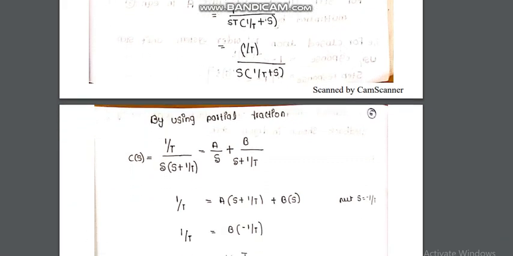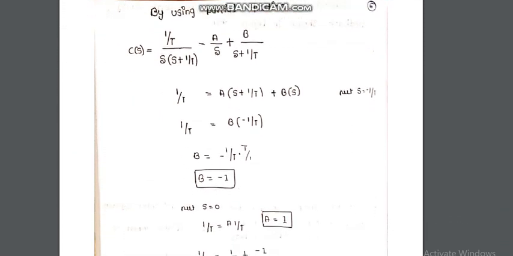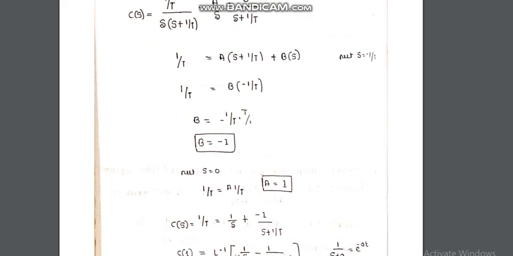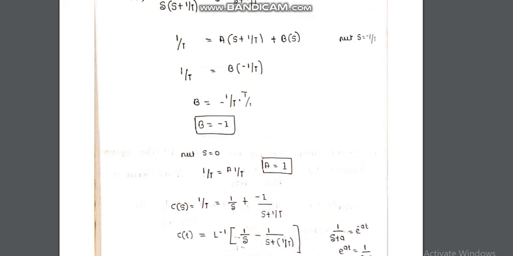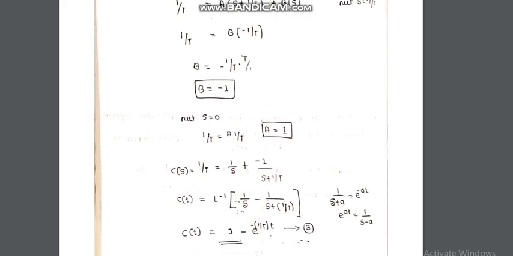So now we have to cross multiply and find out the values of A and B, that you studied in first year. So we'll get A is equal to 1 and B is equal to minus 1. We have to put s is equal to 0, we'll get the A value.